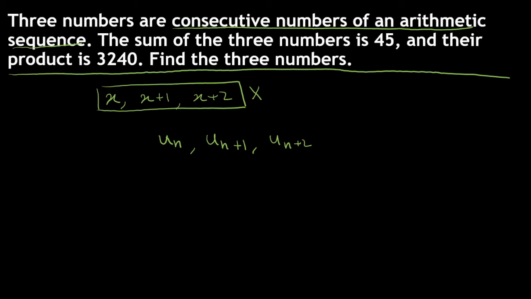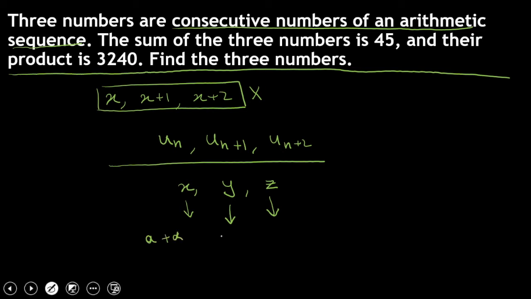So how do we think this through? Let's work with variables at this point. We have x, y, and z. In this case, we can have three numbers. Suppose we have some number, a plus d. So logically, if it's an arithmetic sequence, the next will be a plus 2d, and this number will be a plus 3d.